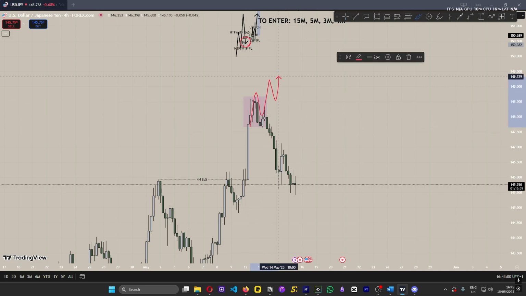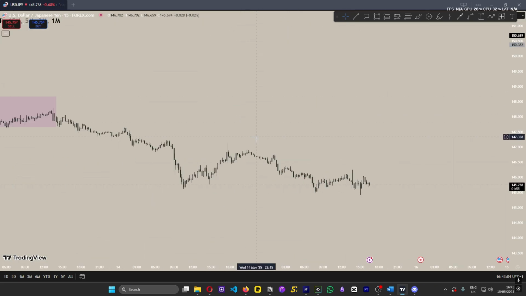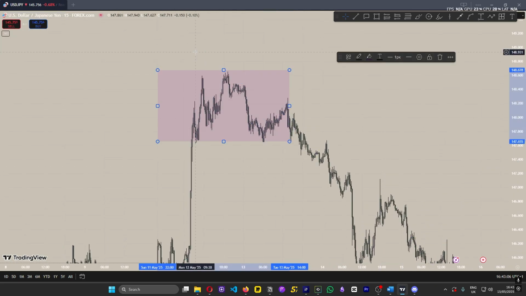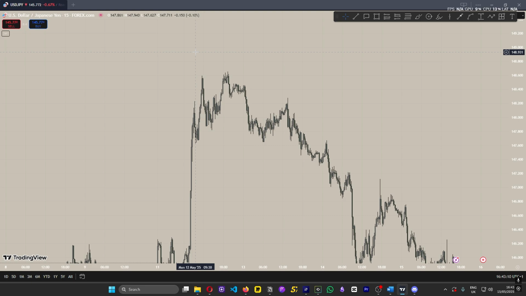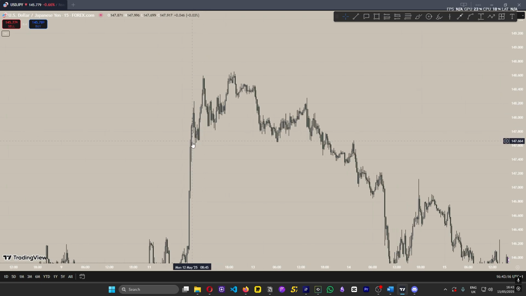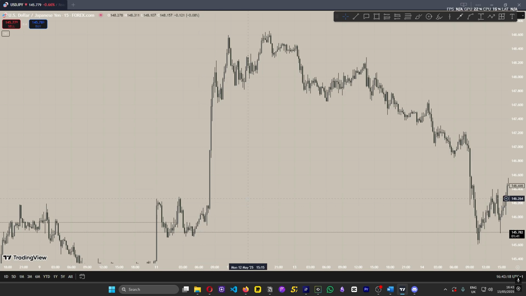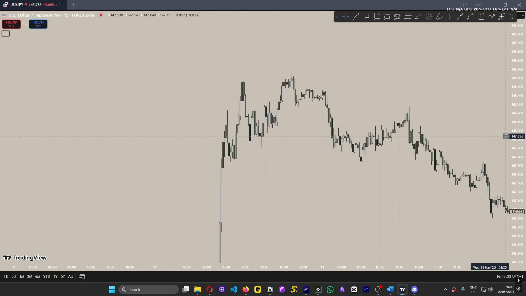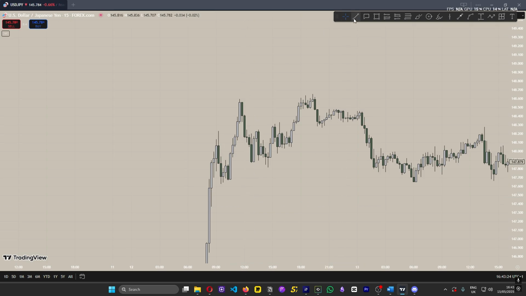So all we do is just continue this trend. On the 15-minute time frame, how do we know it's going to finish? That's when we get an order flow shift back in the opposite direction. That's going to be our indication that price is now going to be pulling back. Here specifically, you can clearly see we got a very big push up higher, and you would look for the 15-minute break of structure.